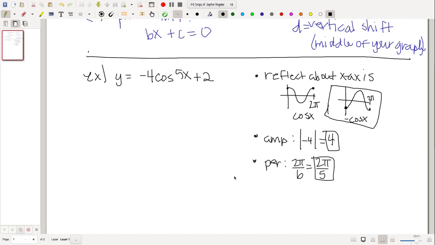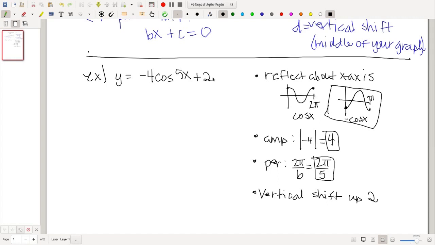All right, so moving on. I know I have a vertical shift. Up 2, and that just comes from this 2 right here. So the middle of my graph is going to be at 2.